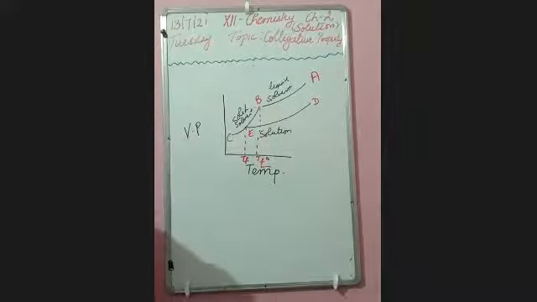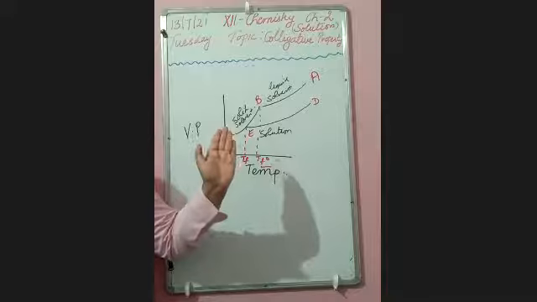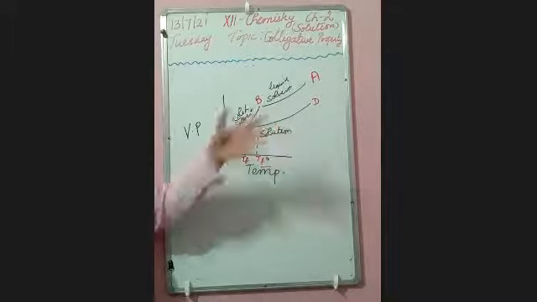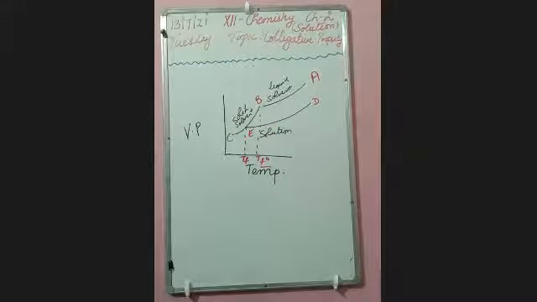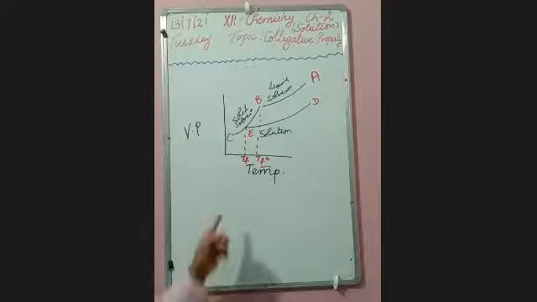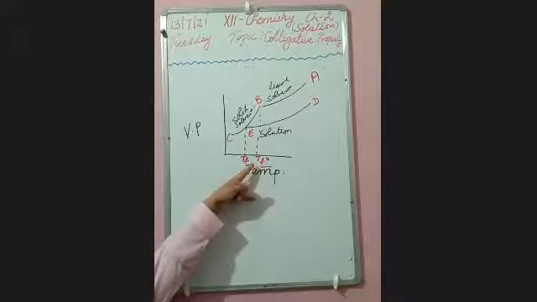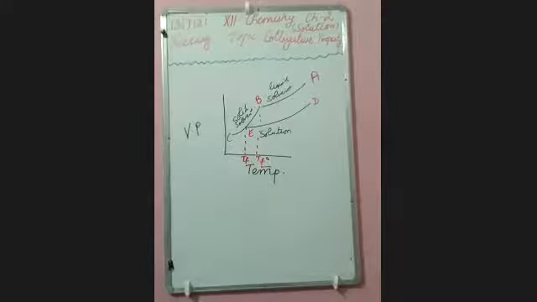Vapor pressure of the solvent decreases along this curve. At point B, the liquid solvent starts solidifying. That's why this temperature corresponds to the freezing point of pure solvent, TF naught.